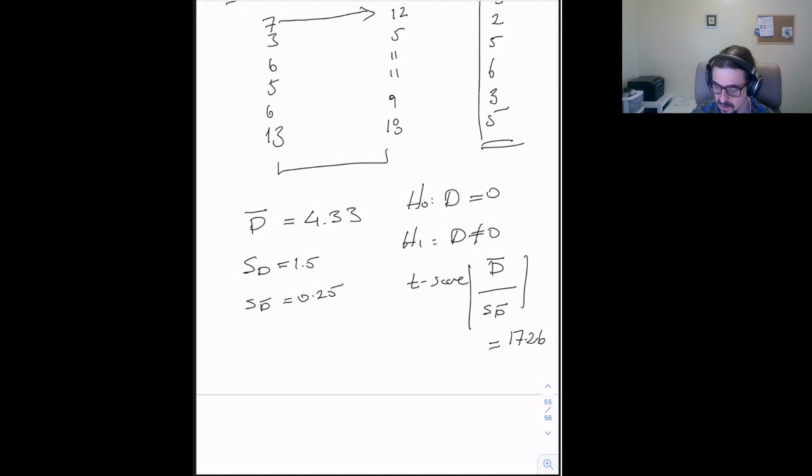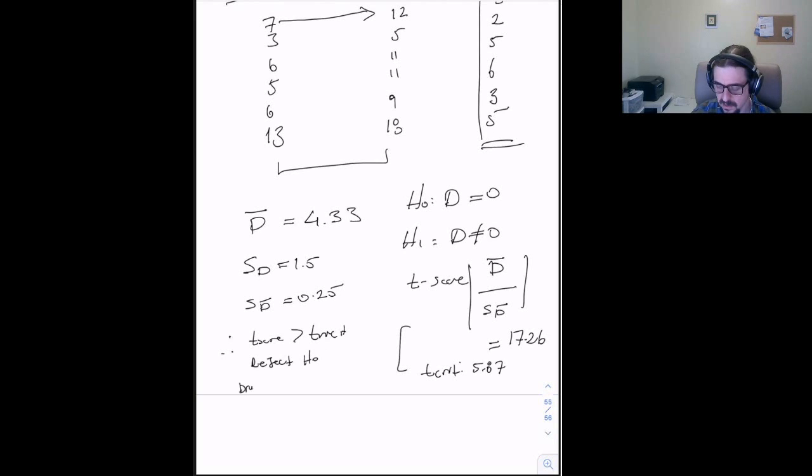My t-critical didn't change, so my t-critical is still 5.87 from the previous example. Comparing these two, I can easily say that the t-score is larger than t-critical, right? So then we can reject H0.